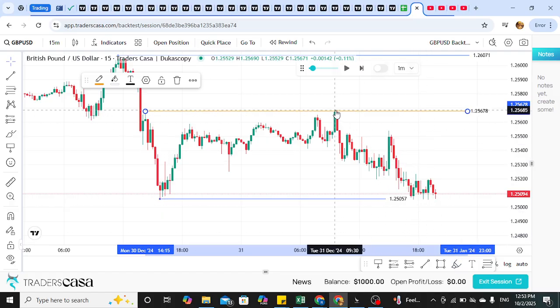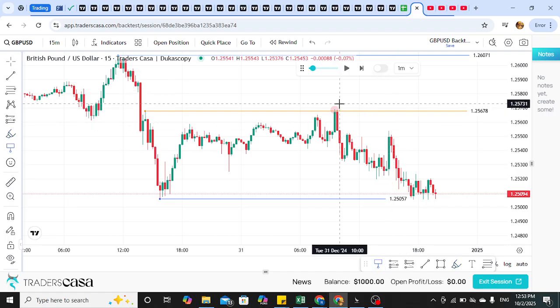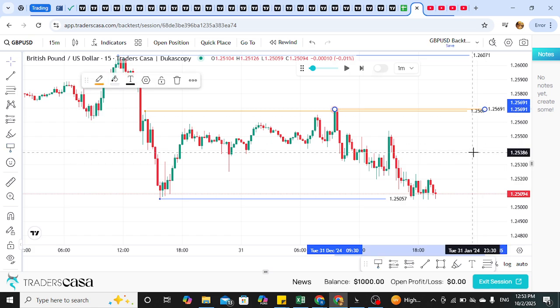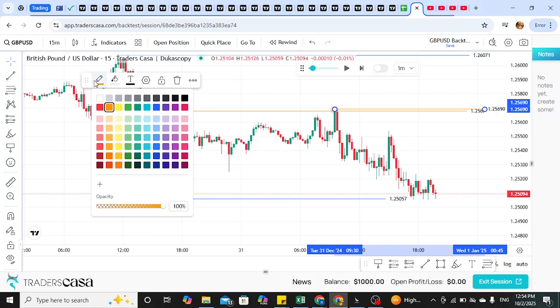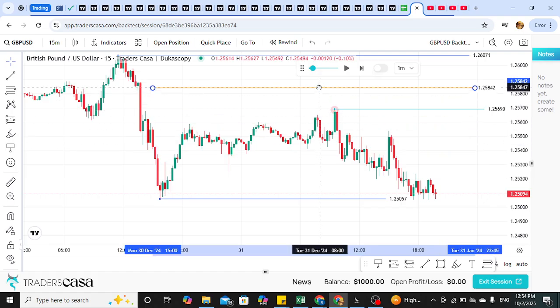So this is the high, and now we have a new range high, which is 25.69. Let's change the color. Now let's remove this for later.